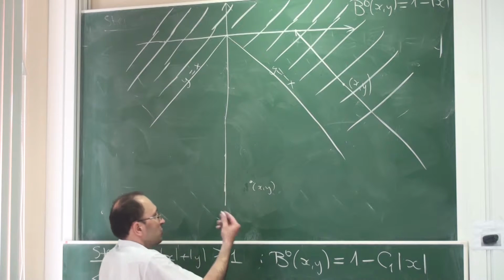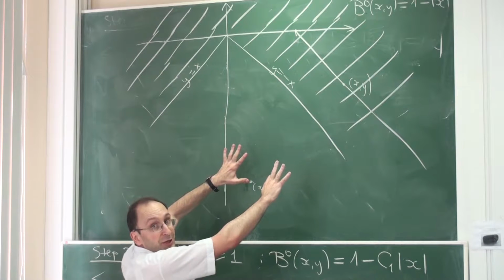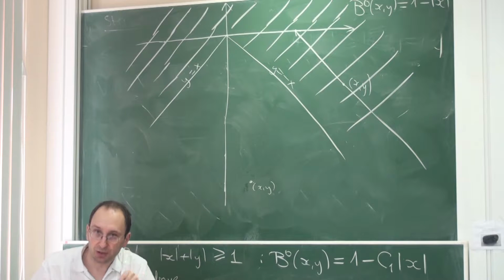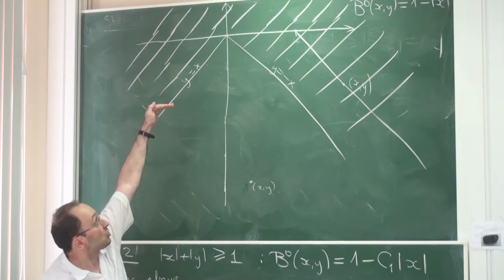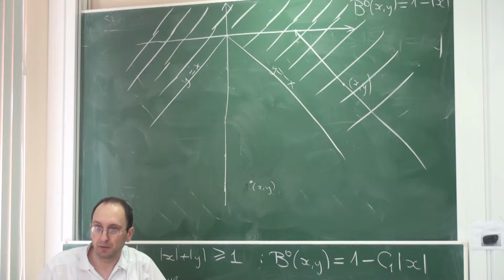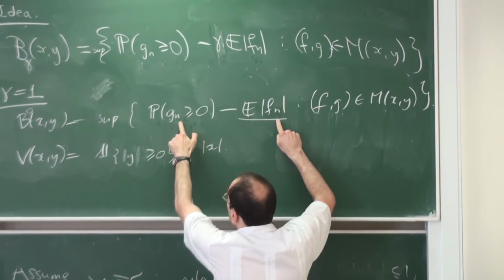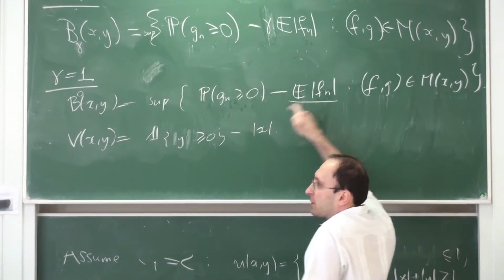Why is it so? Clearly you can construct some martingale pair such that the sign of f is not changed, and g goes to this level 0 with some positive probability, and that gives the increase in v. Because if we just took the constant pair xy, this would be 0, and this would be x.